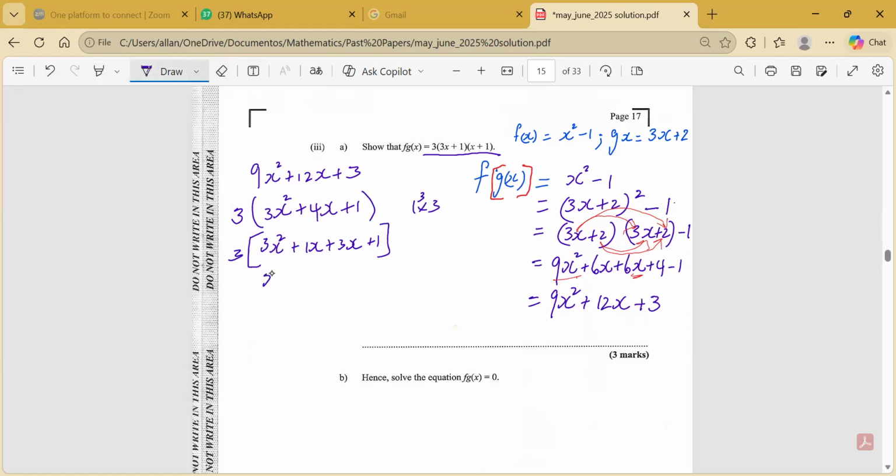So x is common. x into 3x squared is 3x. x into 1x is 1, and that is plus 1. So your answer is 3x plus 1 and x plus 1. But don't forget the 3 outside. So that is the same thing that you have.